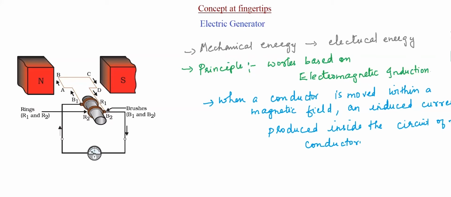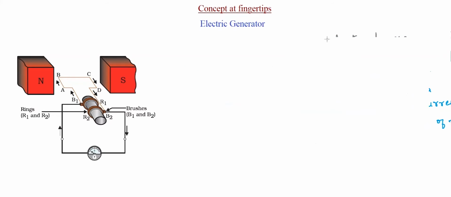So let us see the construction of electric generator. As we can see from the figure, there are two magnetic poles, north and south poles of a permanent magnet as shown in the figure.